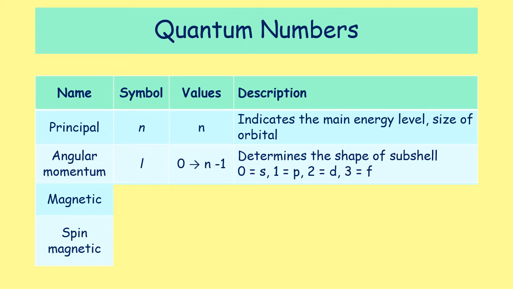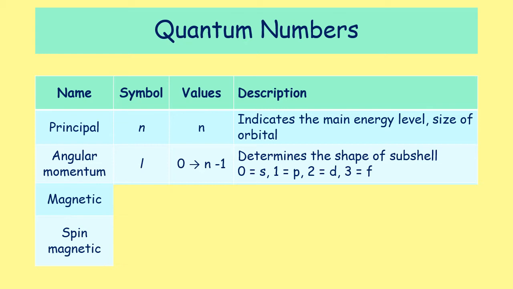For example, if you have a principal quantum number of 2, the angular momentum can start at 0 and go up in 1s until you reach n minus 1. Now if n was 2, n minus 1 is 1. So the values of the angular momentum could be 0 or 1.